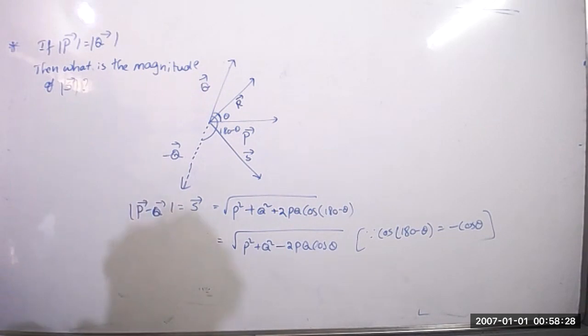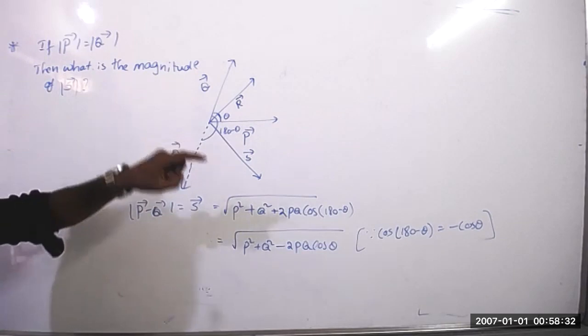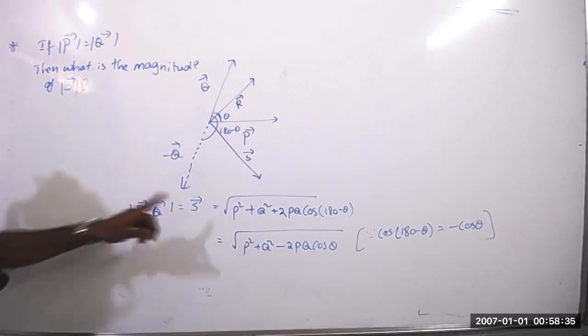If you write that, tell me, if P bar equals Q bar, what is the magnitude of P minus Q, which is nothing but S bar?